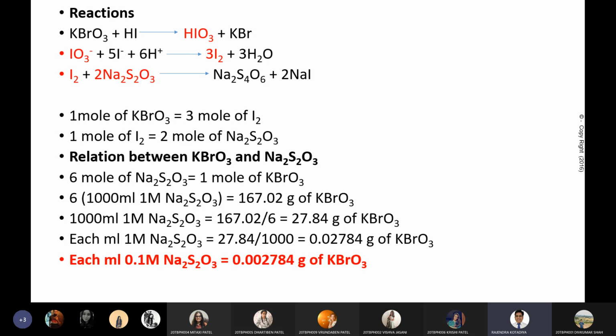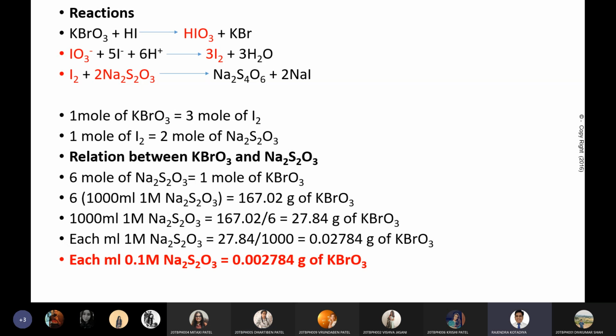What further steps will come? Because our aim is to find out the molarity of Na2S2O3. Sir, whatever amount of Na2S2O3 we get in the titration through the readings, we will put it in this equation. Like for 0.1 molar, if we require 0.00278, then for X molar, how much will be required?